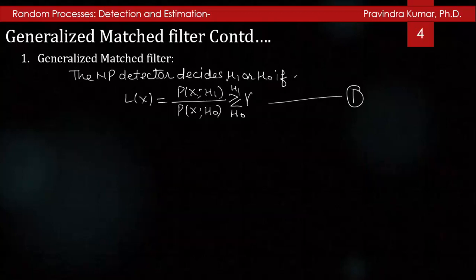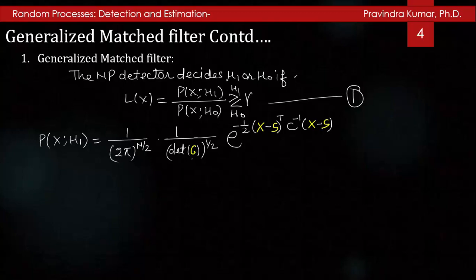The PDF under hypothesis H1 will be 1 by (2 pi) to the power n by 2 into 1 by determinant of the covariance matrix to the power 1 by 2, and e to the power minus 1 by 2 (x minus s) transpose C inverse (x minus s).